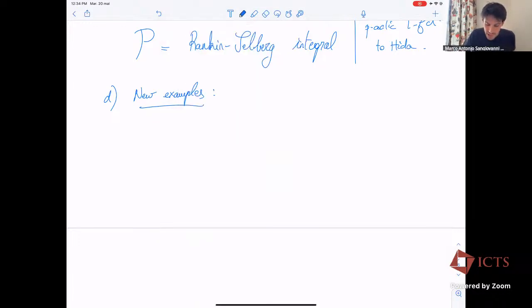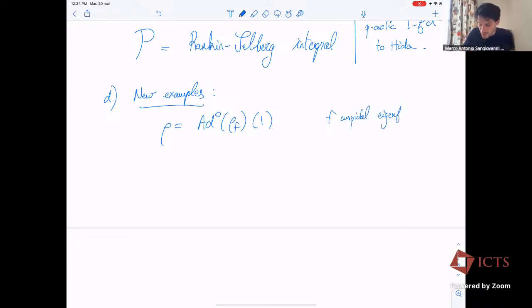So I will be interested in rho, which is now rho f at zero, let me say twisted by 1, where rho f is as before, f is a cuspidal eigenform for GL2. Okay, so this is the Galois representation we're interested in.